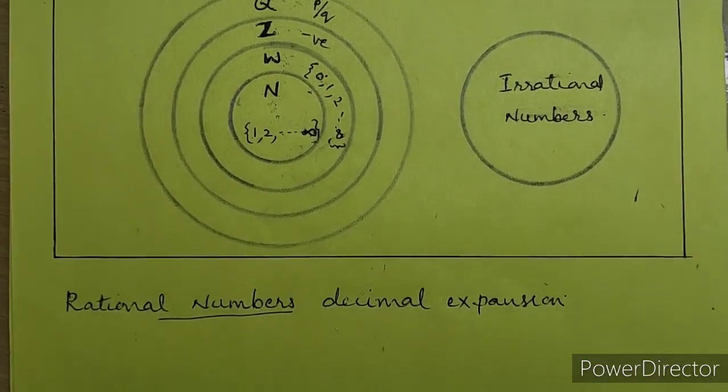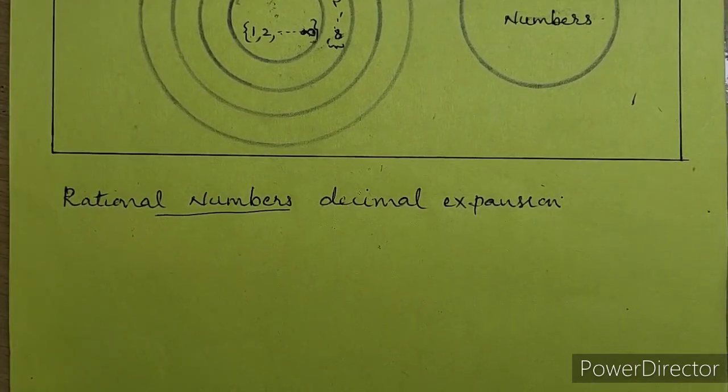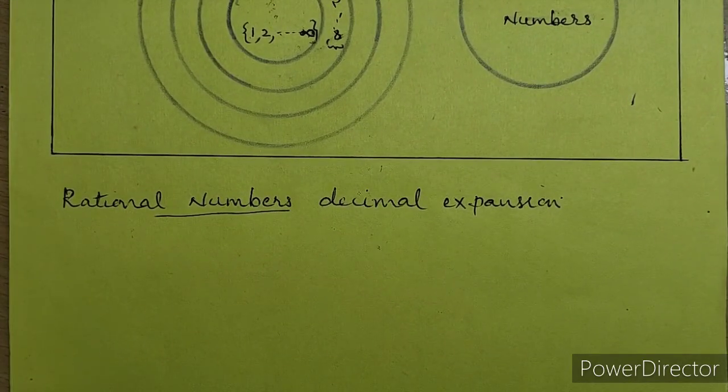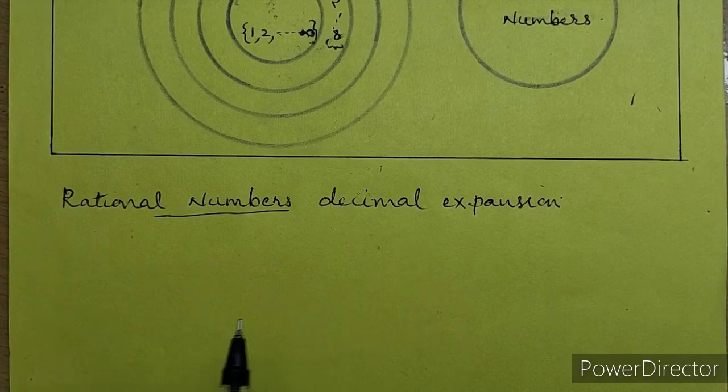Next comes the decimal expansion of rational numbers. You know that numbers which can be represented in p by q form, where q is not equal to 0, are called rational numbers. So all the fractions come under this. But what about the decimal expansion?